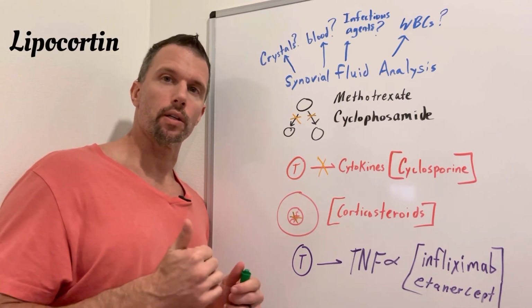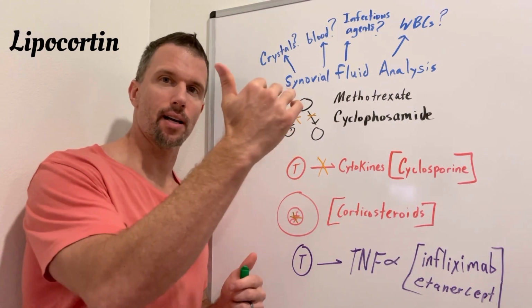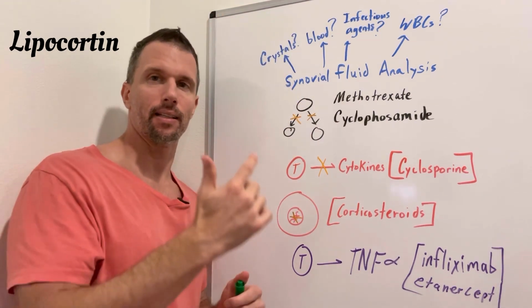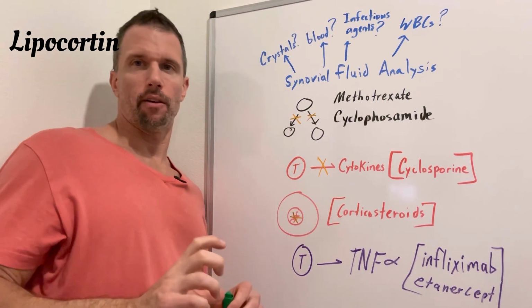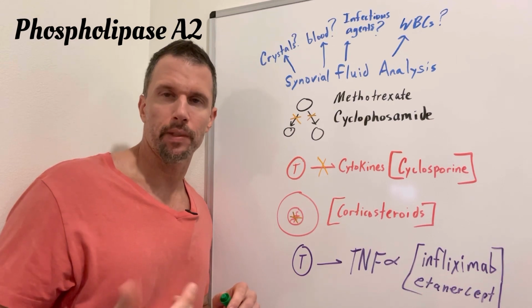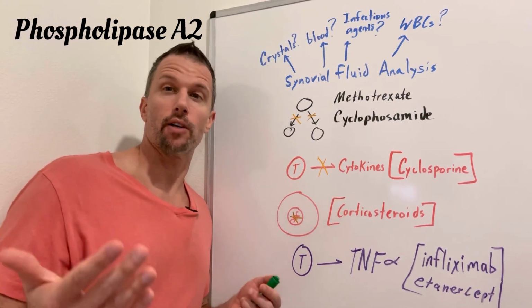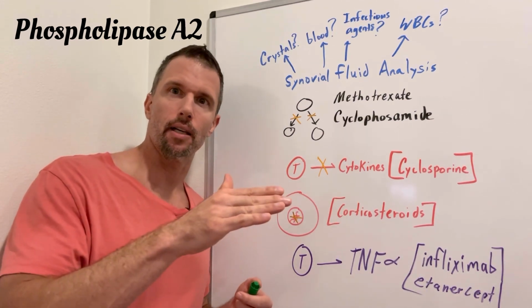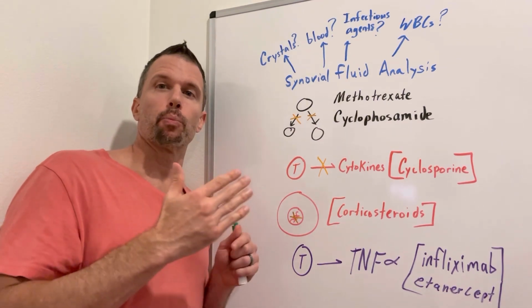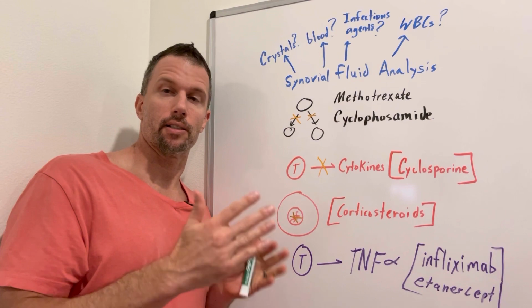What lipocortin does is it works higher up than the COX enzyme, earlier in the pathway of making a prostaglandin. At the beginning, the first thing that happens is there's an enzyme called phospholipase A2, and it's going to cut a 20 carbon segment off a phospholipid, and that is your precursor to make prostaglandins, the first step.